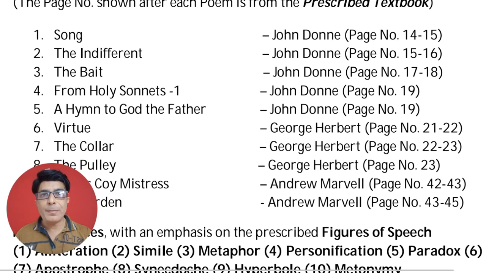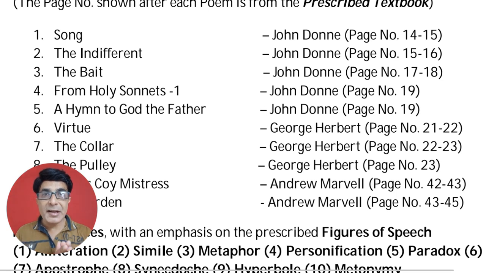These all 10 poems, friends, are metaphysical poetry, right? They are metaphysical poems written by three great metaphysical poets of English literature, and they are John Donne, George Herbert, and Andrew Marvell.